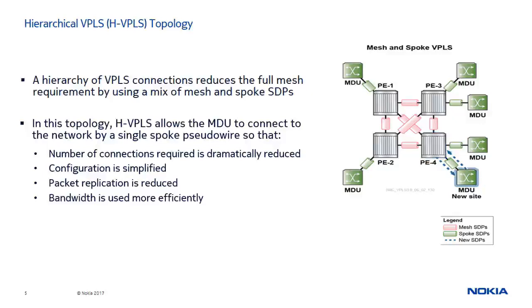In this instance, spoke SDPs are only required between PE4 and the new MDU. This significantly reduces the number of network touches required and simplifies the provisioning process. In addition, packet replication is reduced on the MDU and the bandwidth is used more efficiently.